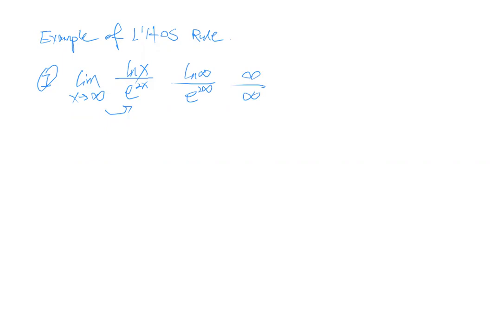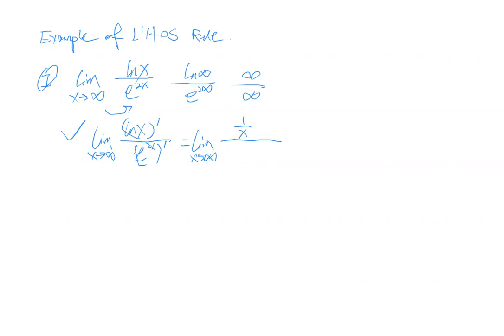So you can apply L'Hopital's rule, which will give you the limit as x goes to infinity of the derivative of ln x over the derivative of e to the 2x. So let's do one by one. The numerator is 1 over x, because it's the derivative of ln x, right?